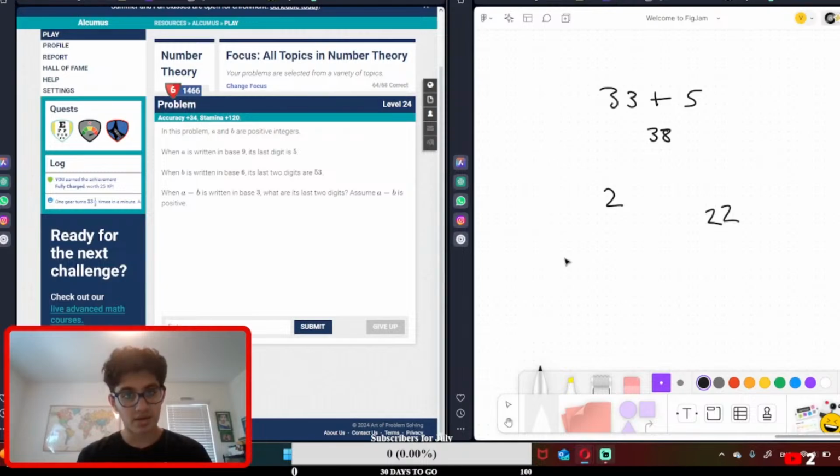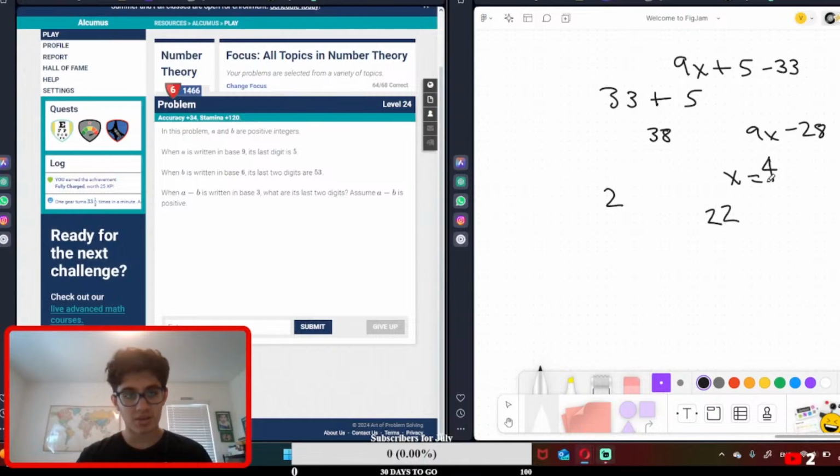But we can also have some 9x plus 5 minus 33. So that makes it, what does that make it? It makes it 9x minus 28. Let's say that x is just equal to 4, right?